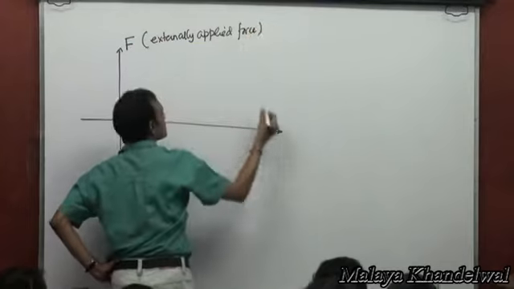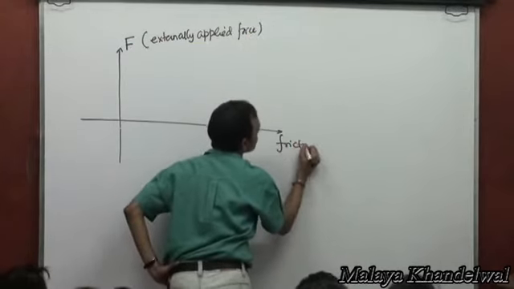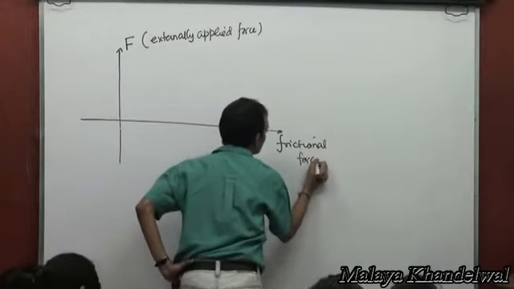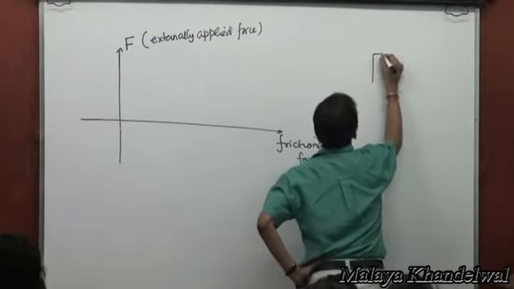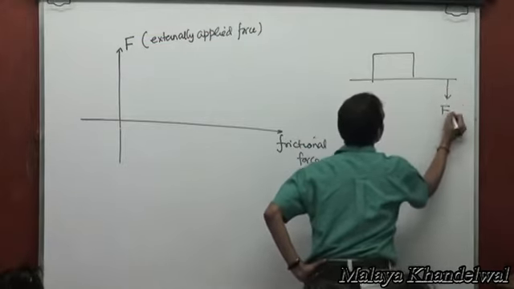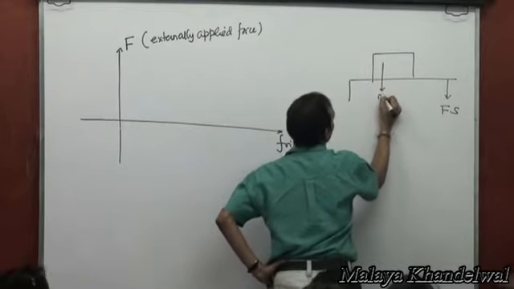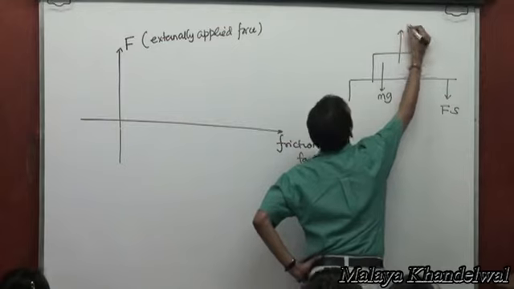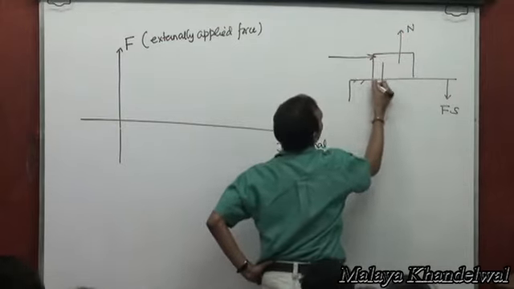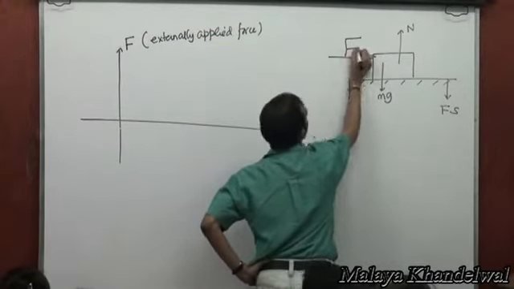And on this axis, I measure the frictional force between the body and the surface. This is a fixed surface. This is a body, mg, normal reaction N, externally applied force, F external.